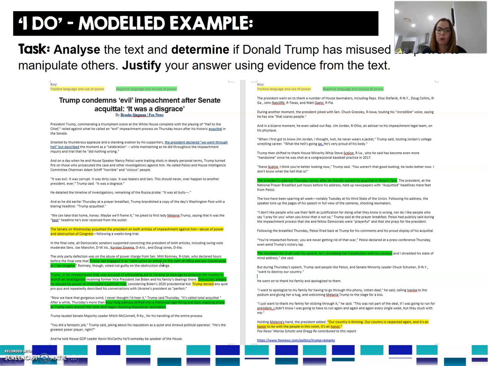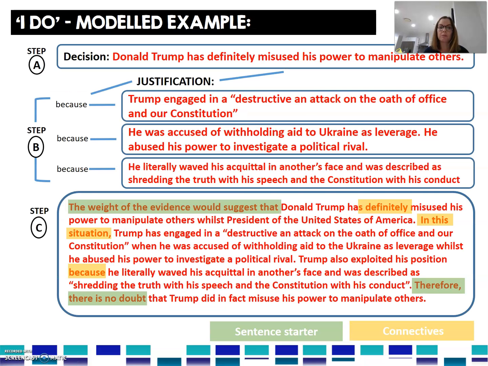I've then had a look on balance of what I think is more evident, and I've decided that I'm going to say that Donald Trump has misused his power. So that's where I'm going to move to my graphic organizer, and that's my decision. It's Donald Trump has definitely misused his power to manipulate others.